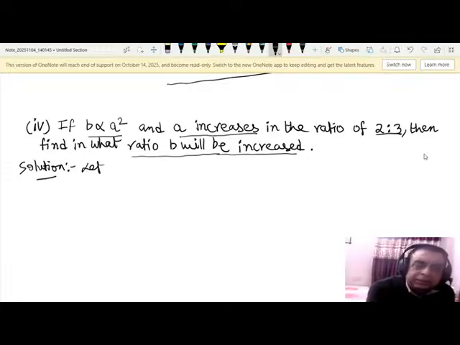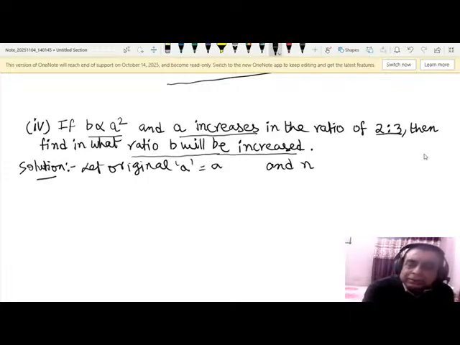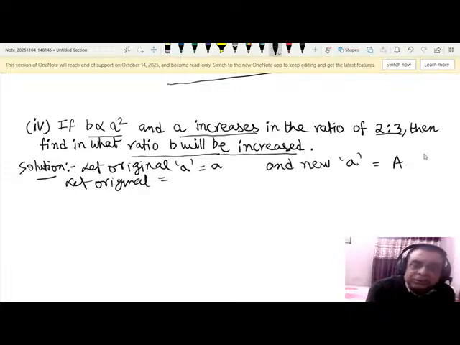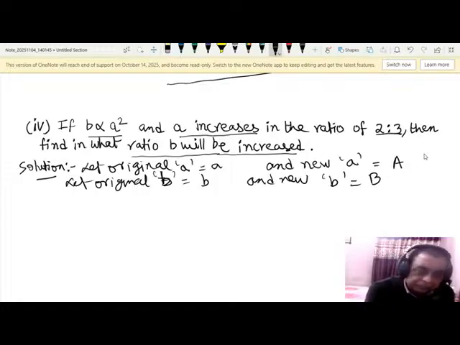Okay, let the original a be a, and the new a value we are taking as capital A. Let the original b be b, and the new b value we are taking as capital B. In the given question, we are told B is proportional to A squared.